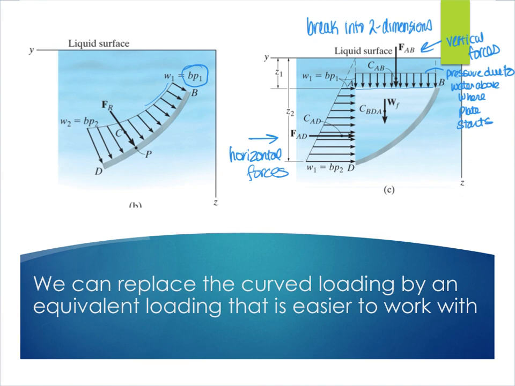So P1 would be equal to gamma Z1, where gamma is rho times g, and then B, that's because of the width of the plate, the dimension going into the screen that isn't shown here. So this is a constant loading function because we're at a constant depth the whole way along.